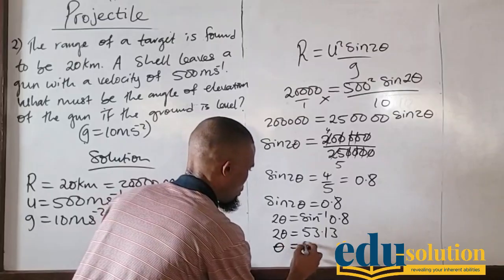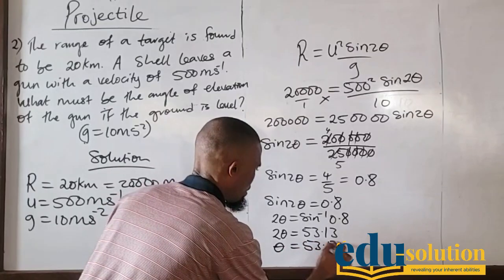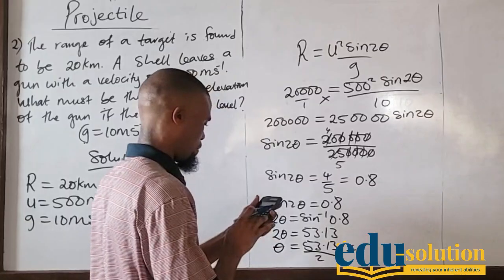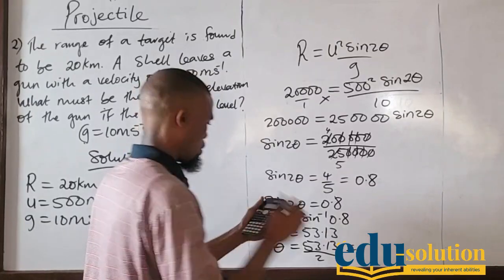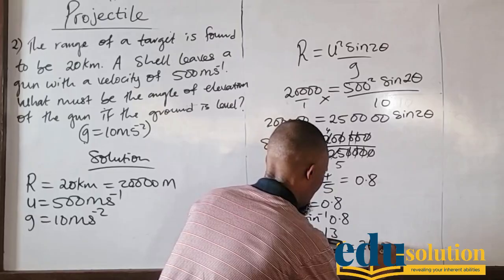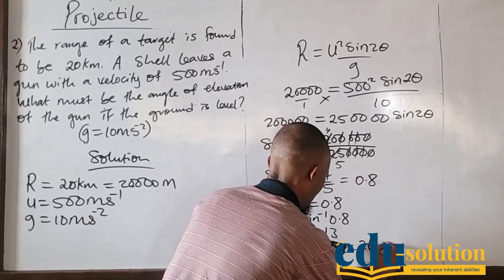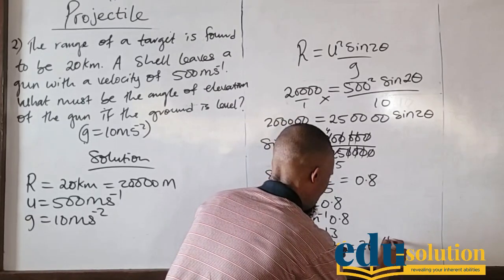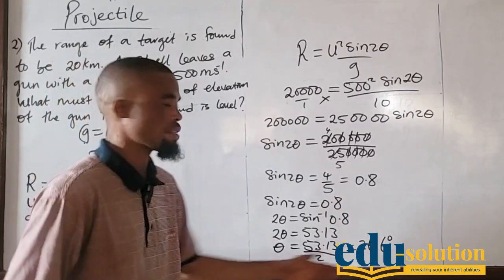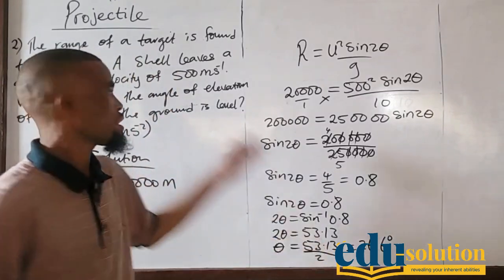Theta is equal to 53.13 divided by 2. So finally, we have 26.56 degrees. So that is it. This is our answer to this beautiful question.